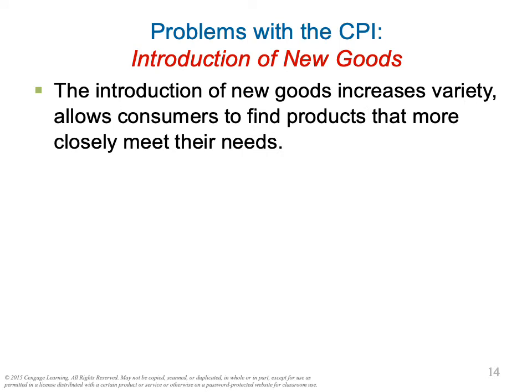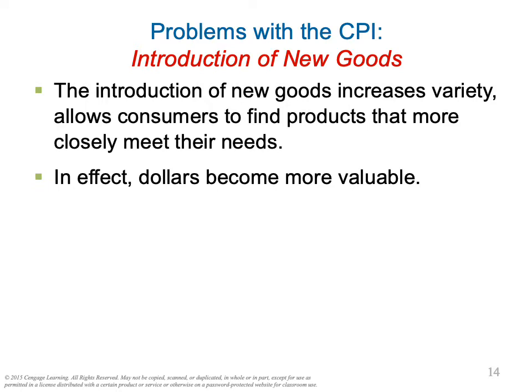And so when we have the addition or introduction of new goods, it basically increases the variety of things available to us to consume. And it allows consumers to find products that more closely fit their needs. And what's happening effectively is that available dollars to a consumer are becoming more valuable as the number of choices increases.